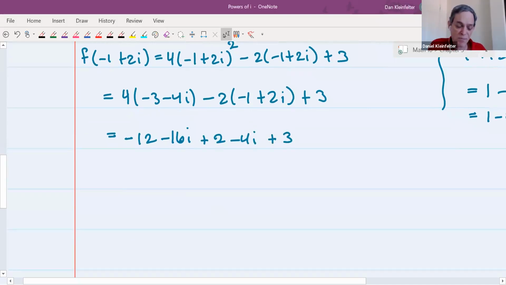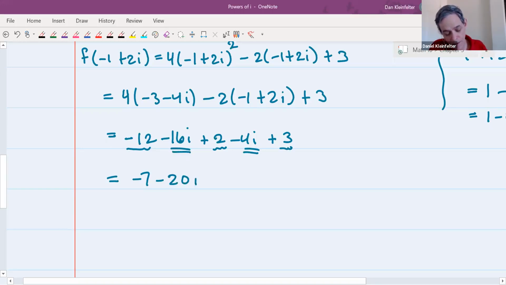Okay, almost done. So now we're going to combine the real parts. 2 plus 3 is 5. 5 minus 12 is negative 7. And then the imaginary parts, negative 16i and negative 4i is negative 20i.